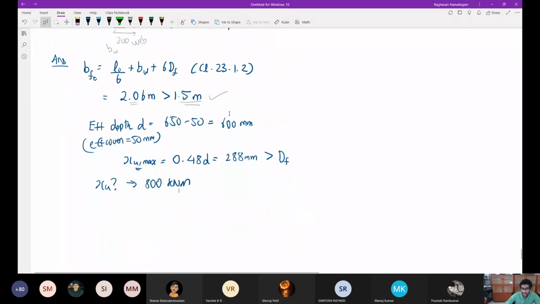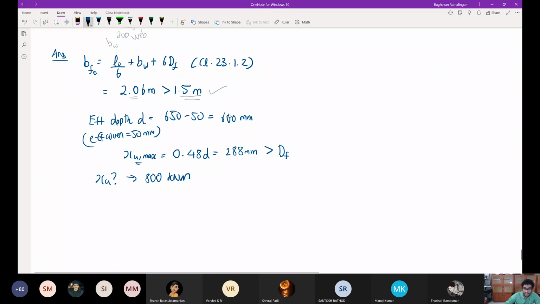Our XU should be such that when we calculate the moment, it should be capable of resisting this 800 kilonewton meter. Okay, we do not know it yet.